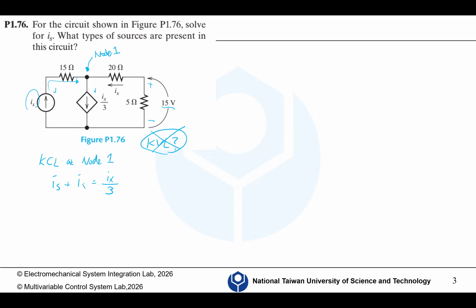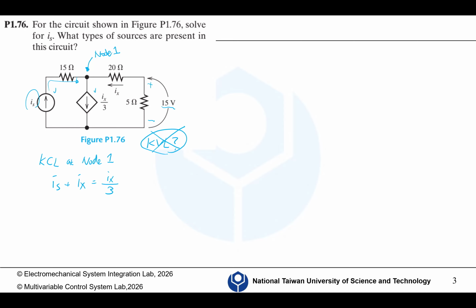Okay, we got an equation here, and we do not use any extra variables. These variables, Is and Ix, are all given by the problem. But we have two unknown variables, so it looks like we need to solve one first.